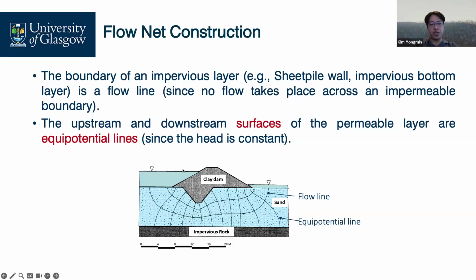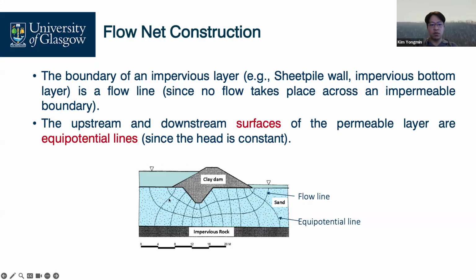And then the upstream and downstream surfaces are equipotential lines because all points on this line have the same total head. This is an equipotential line. This line is also an equipotential line.